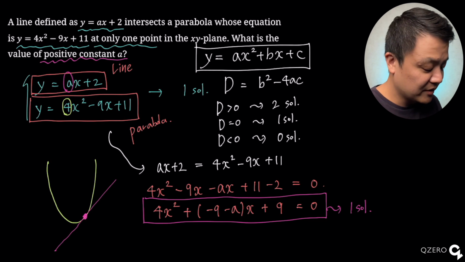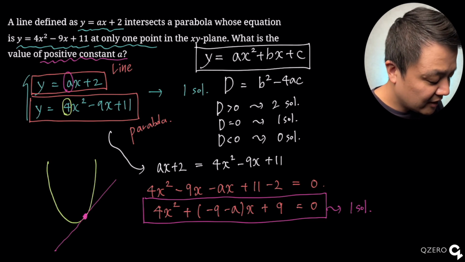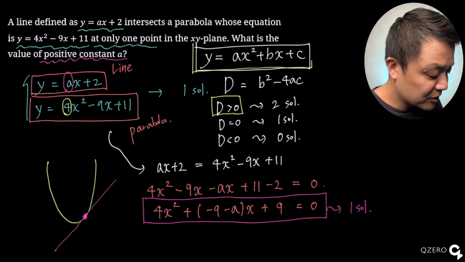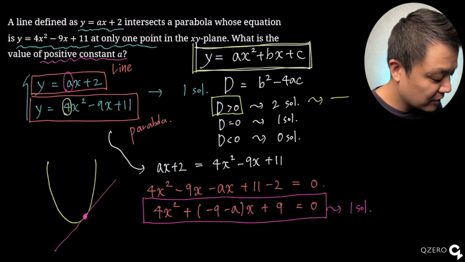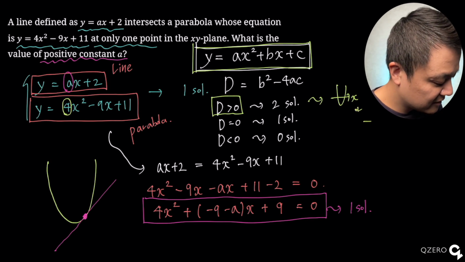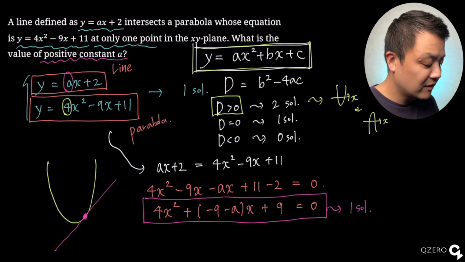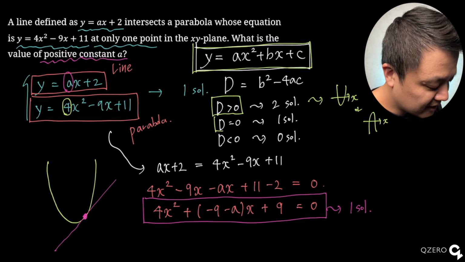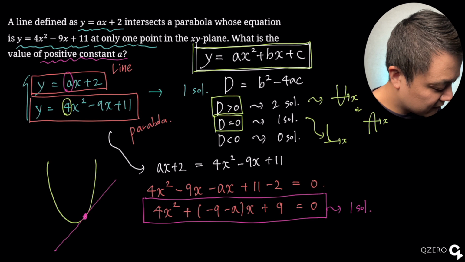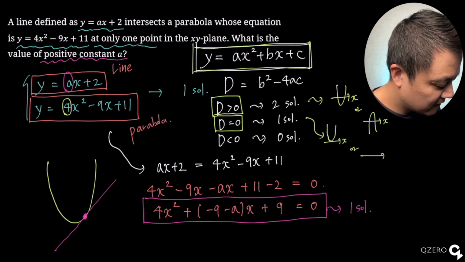Graphically speaking, if the D value is positive, the graph of the quadratic equation, which is a parabola, is supposed to have two x-intercepts, this or this, depending on the sign of a. If D equals 0, it's either this or this.